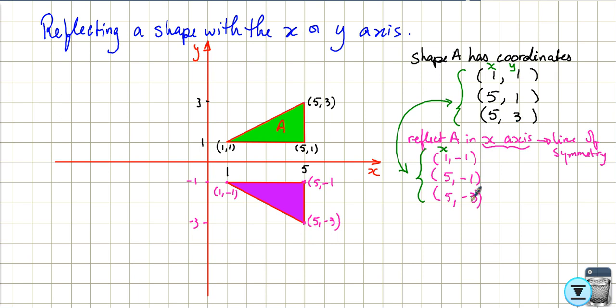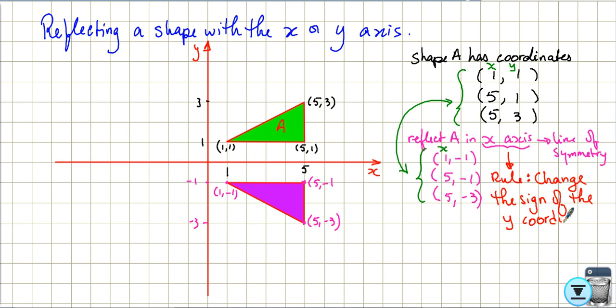So here I'm going to form a very important rule, which states the following. Reflection in the x-axis, the rule, which is formed by noticing what's happening, is that you need to change the sign of the y-coordinate.